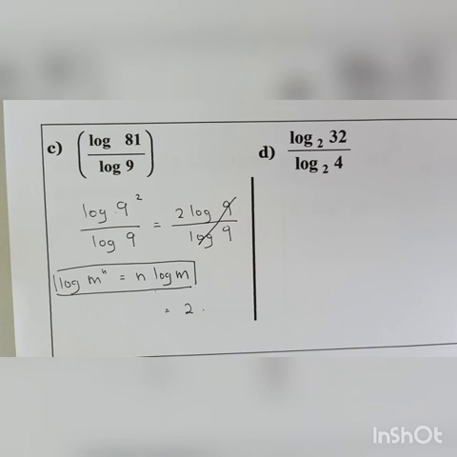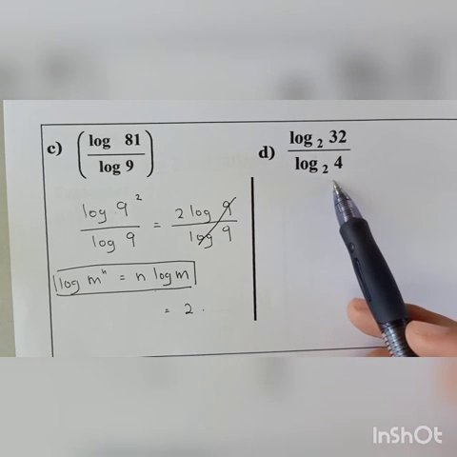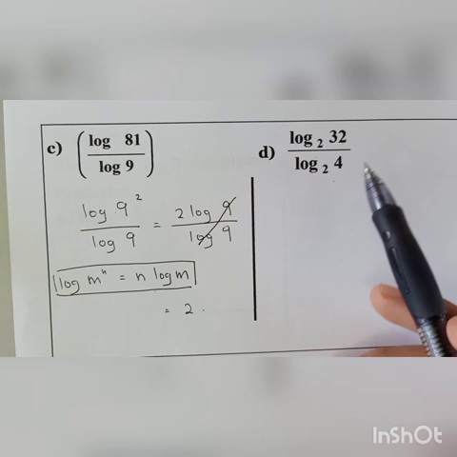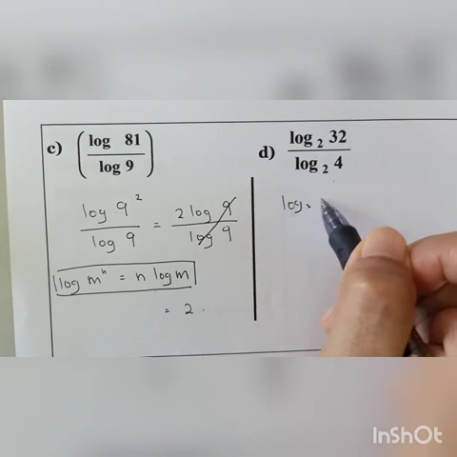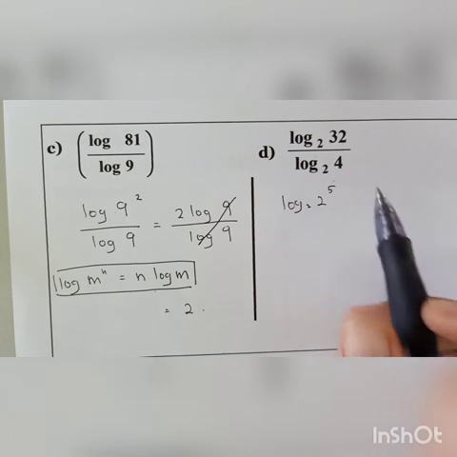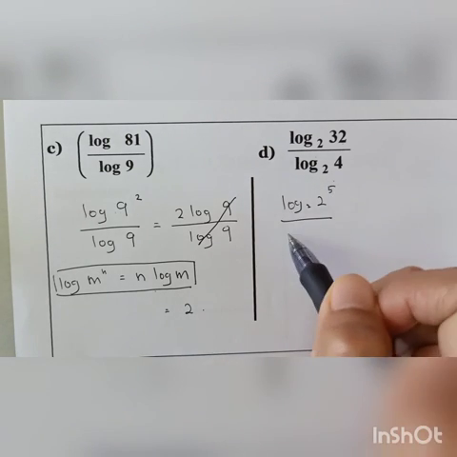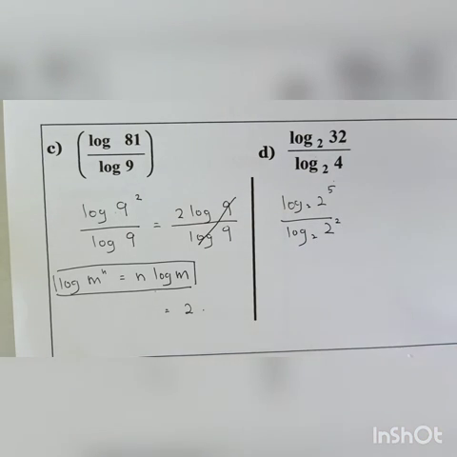Okay, for question D, log 32 base 2 over log 4 base 2. 32 you can simplify to 2 to the power of 5. 4 you can also simplify in base 2, 2 to the power of 2.